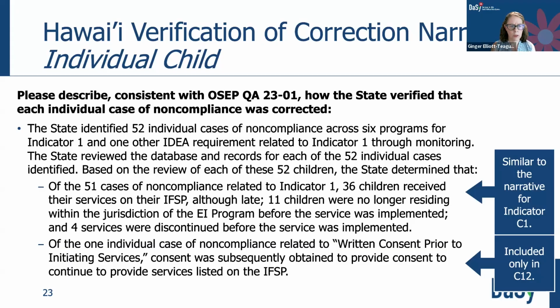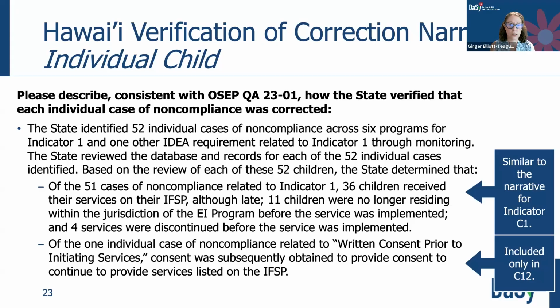It's just a slight summary and rewording of the list of cases and the outcomes of those. So 36 received their services though late, 11 were no longer residing, etc. And then they provide information about that final individual case that is only relevant to indicator 12. Consent was subsequently obtained to continue to provide services.